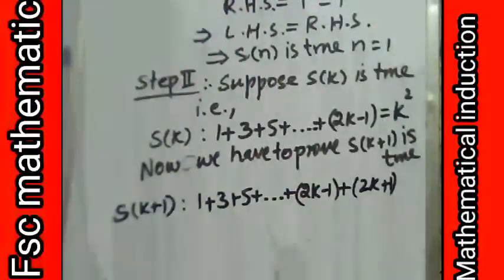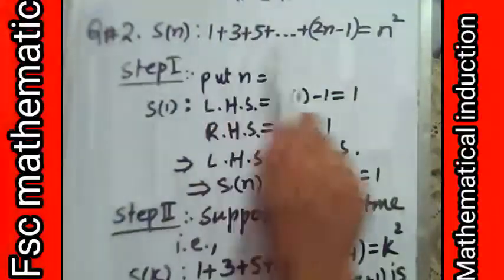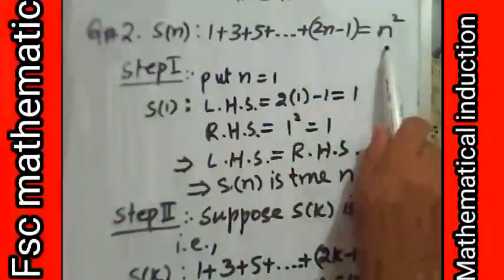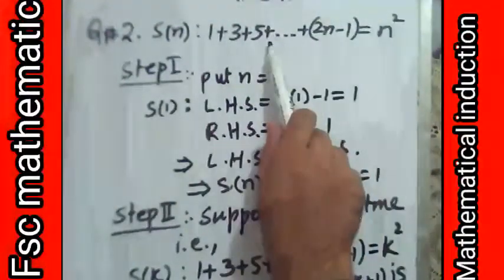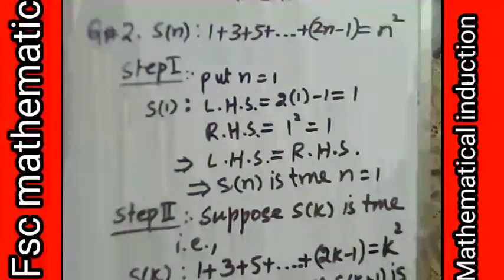And look at what this statement is. We must look at the first statement. What is the first statement? These are n terms of the series, and the right hand side gives the sum of these n terms. This statement has k terms on the left hand side, and the right hand side gives the sum of k terms.